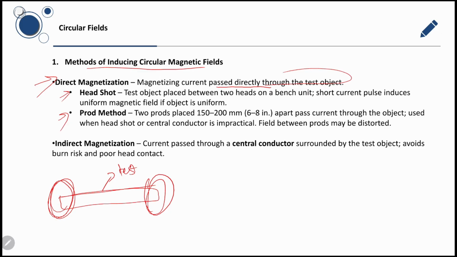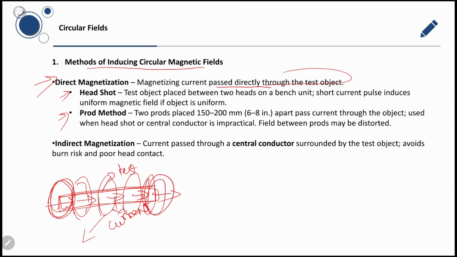A short current pulse is passed through the component. This is our current. The current induces a circular magnetic field around the object. This is the circular magnetic field. So these circular magnetic fields are around the object.